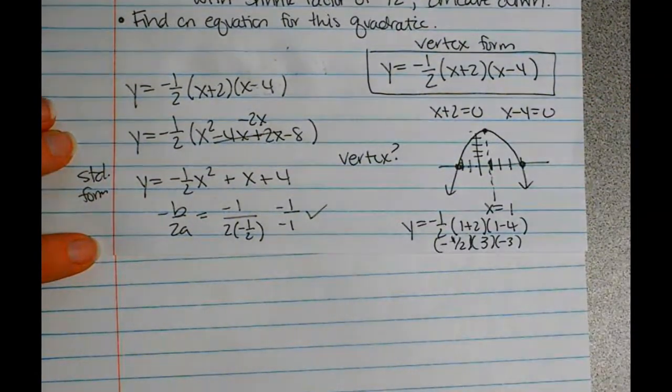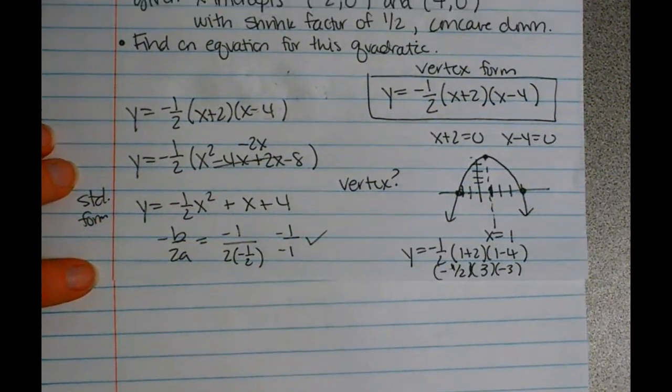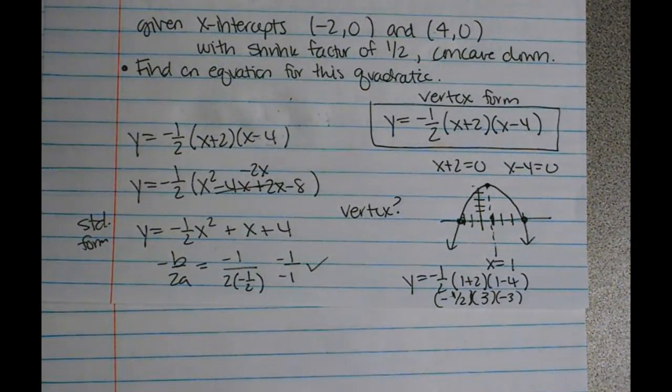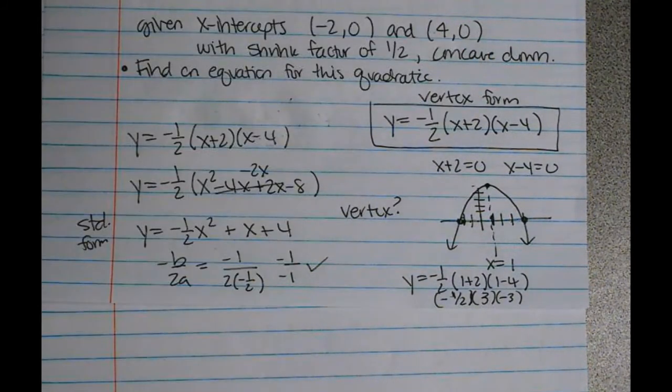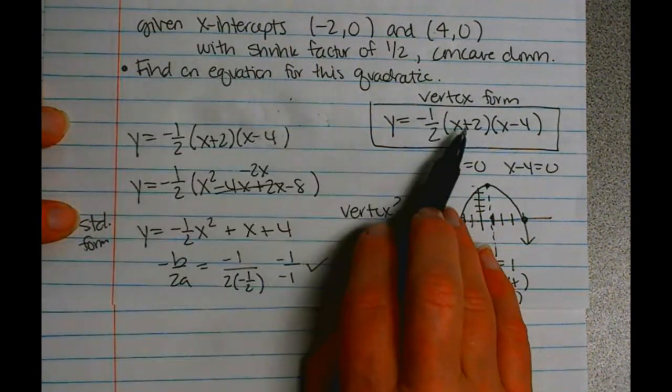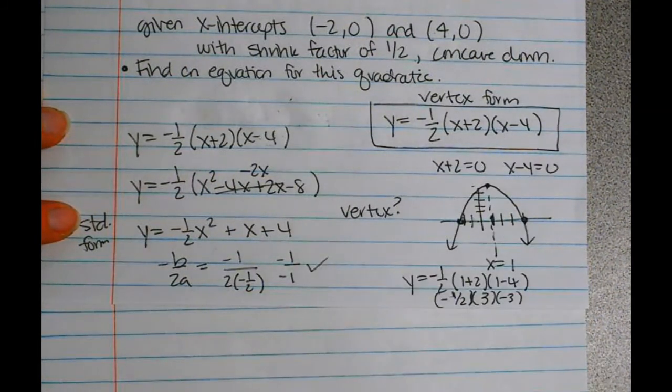So what I'm saying to you is at this point in the chapter, we've learned how to factor. We've learned how to complete the square, which we haven't done in today's stuff. But these forms need to be familiar enough where you go, hey, if they give me x-intercepts, I just plop them in the equation with opposite math.